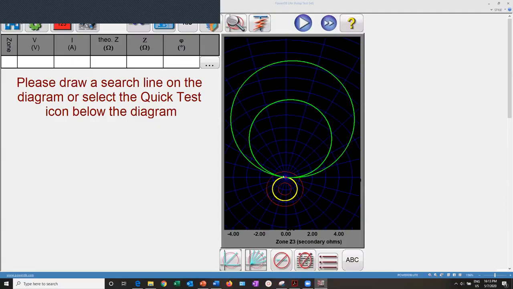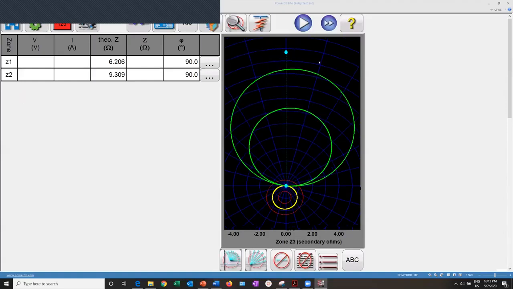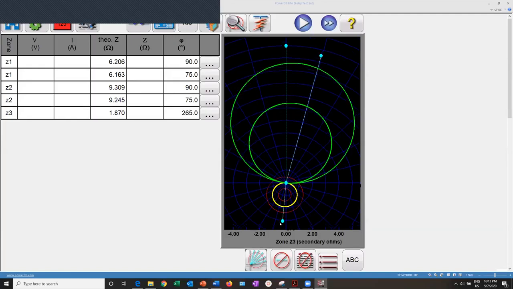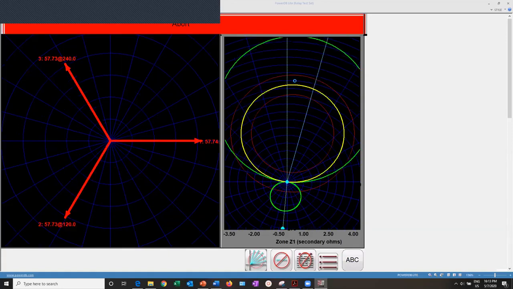Remember that the relay is located at the origin of the diagram. So we could test something like this, and we could test, let's say, something like this, right? If I go ahead and run those points, now I only clicked 3 times, but I have 5 points.